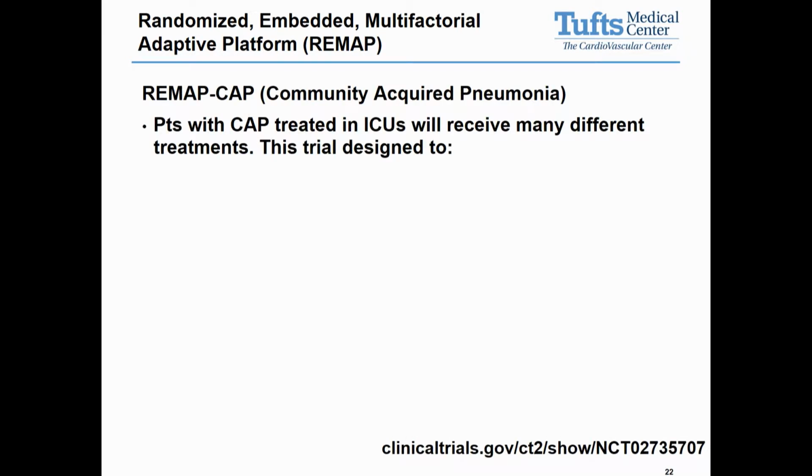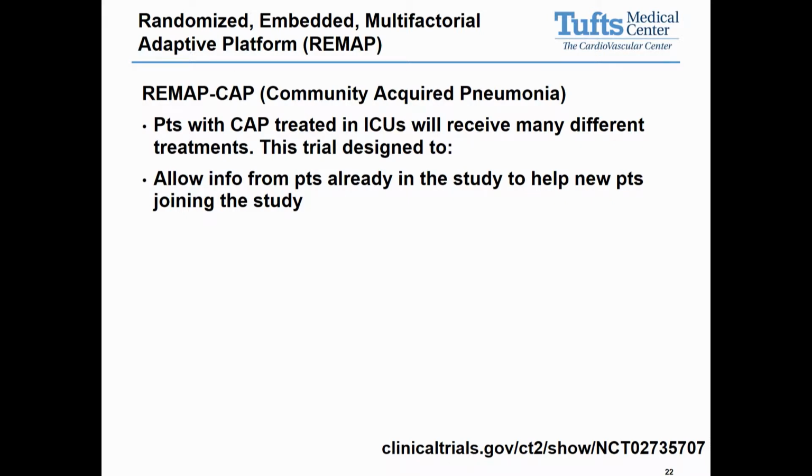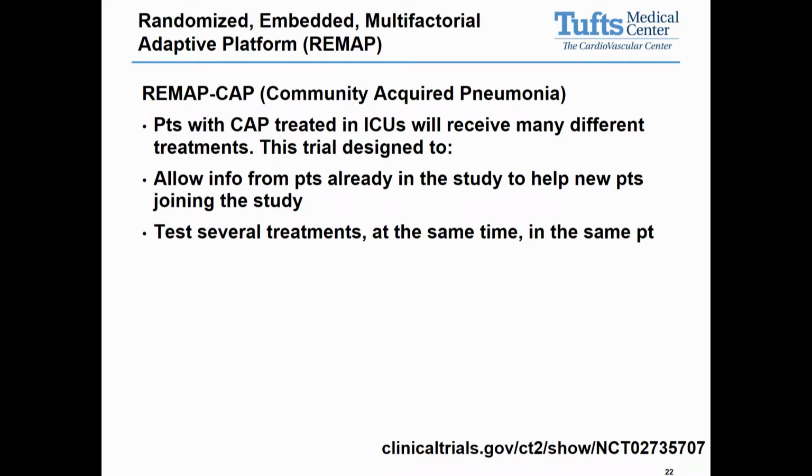Here's another example called a randomized embedded multifactorial adaptive platform. And this I found in preparing this talk. This is actually an infectious disease trial, and I don't know anything about infectious disease, but it's community-acquired pneumonia treated in ICUs. And there's a mechanism where the patients receive many different treatments. You allow the information already in the study to help new patients joining the study. You test several treatments at a time, just like all the devices in shock.